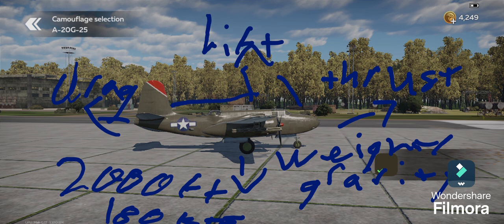Which is pretty fast, considering the weight of the aircraft is probably somewhere around maybe 10 to 15 tons.